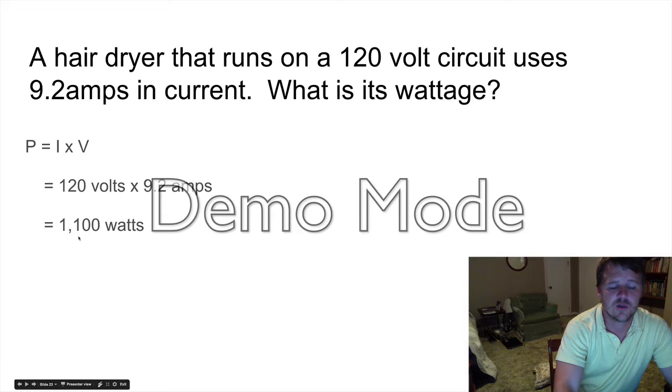We can only use two significant figures in our answer. So let's go over that again. 120 volts, that goes where the V is. 9.2 amps, that goes where the I is. So 1100 watts. Just multiply them out.